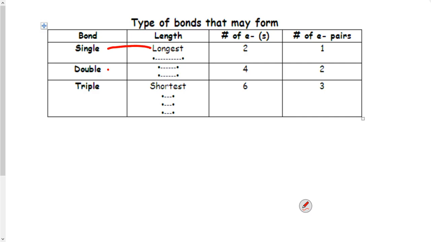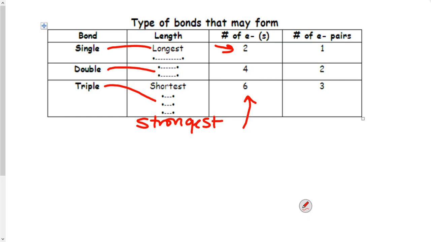A double bond is in between because there are two of them, and a triple bond is the shortest because there are three of them. This is also going to be the one that is the strongest, made up of the most number of electrons, whereas a single bond is the least number of electrons. And it also reflects the number of pairs.